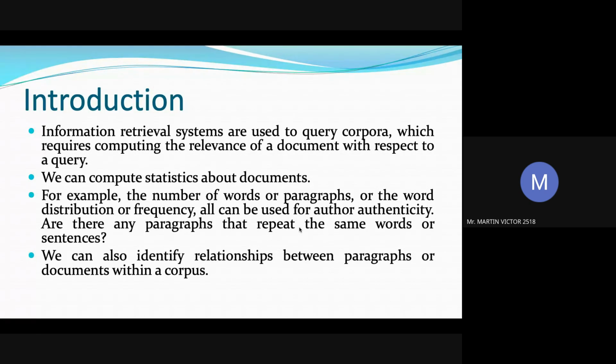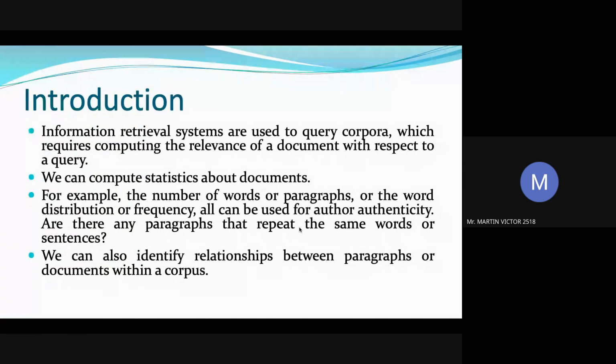Now, information retrieval systems are used to query corpora, which requires computing the relevance of a document with respect to a query. If I want to retrieve certain information from a document, based on text-based visualization, the information retrieval system will be more relevant with respect to the query that we make to a corpus or corpora.